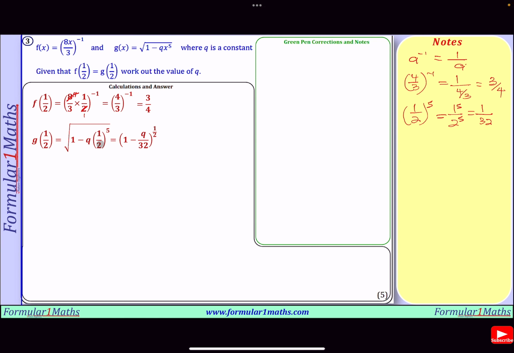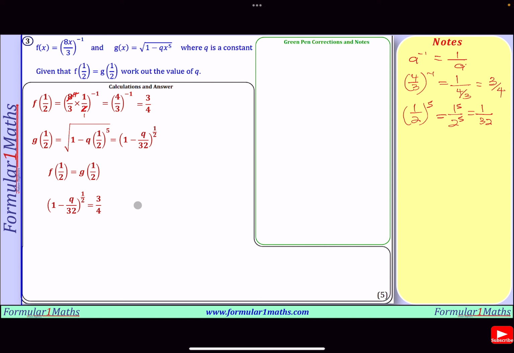Now we are told that these two are equal, so I'm going to equate this one to this. And so we get 1 minus q over 32, all to the power half, is equal to 3 over 4. To get q, we need to square both sides of this equation.